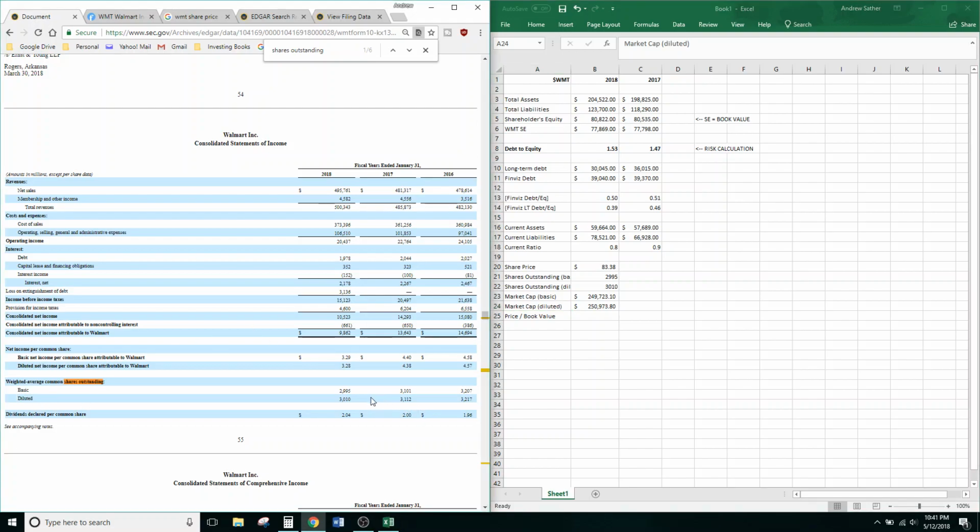So I always like to be pessimistic and take the worst case scenario, just so that it's a more conservative calculation. Because in a price to book calculation, the higher the market cap, the worse it's going to be for our calculation purposes.